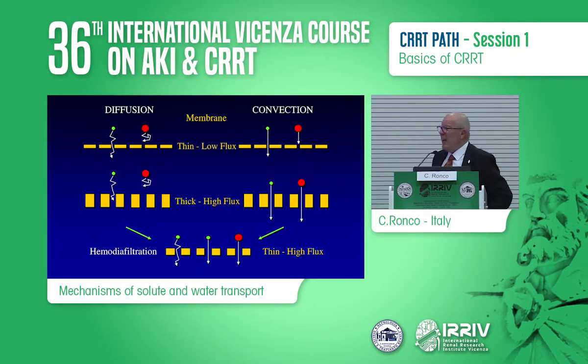If you use a thin, low-flux membrane, it can be good for diffusion with small molecules, certainly not for larger molecules. If you use a thick, high-flux membrane, it can be good for convection, but certainly not for diffusion because of the distance. And if you use a thin, high-flux membrane, you can remove solutes both in diffusion and convection.